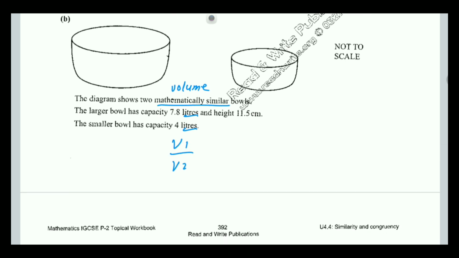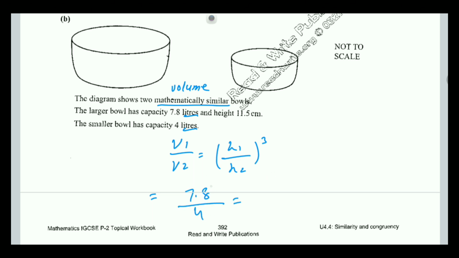Volume 1 over volume 2 equals length or height, so here height is given, height 1 over height 2. I told you that you have to put cube with the volume formula. So just put the values here. Volume 1, larger bowl volume is 7.8, smaller bowl volume is 4.